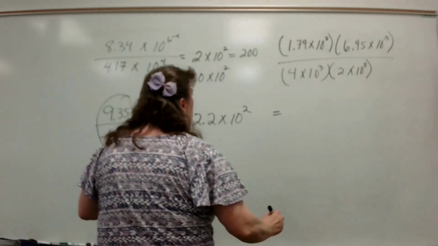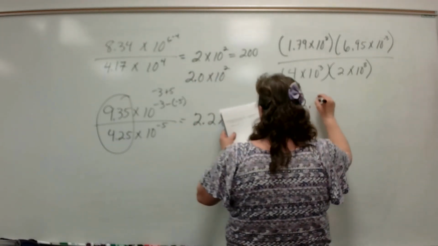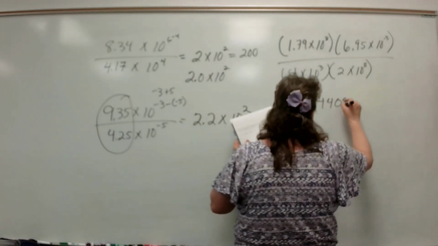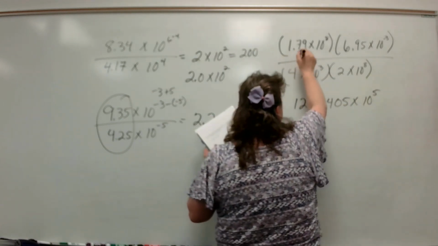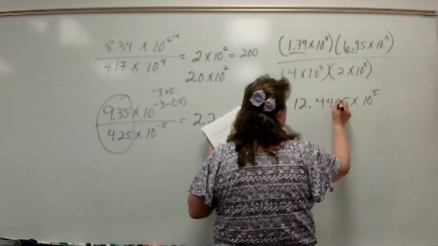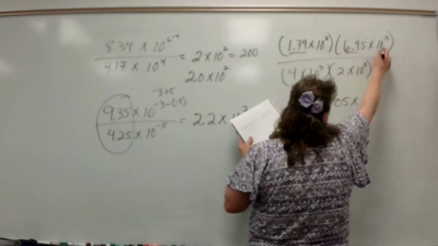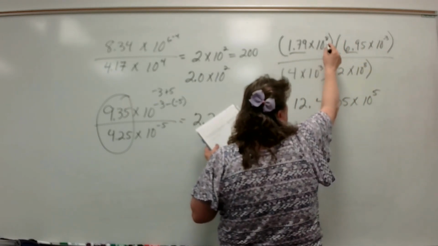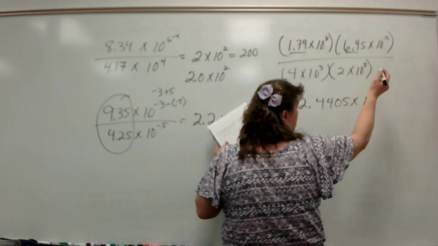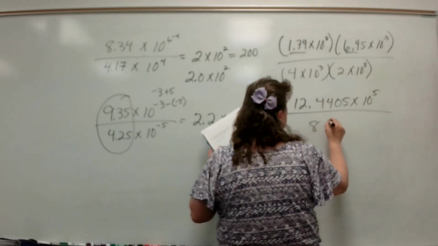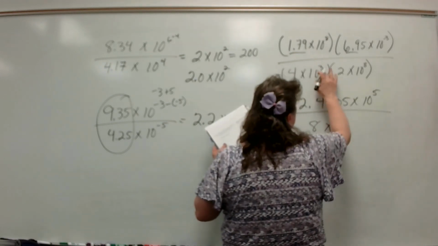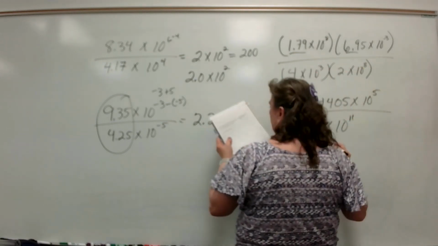So the top is 12.4405 times 10 to the 5th. Why? This times this is this number. 10 to the 8th times 10 to the negative 3. 8 plus a negative 3, or 8 minus 3, is 5. Over the bottom, 4 times 2 is 8. Times 10, 3 plus 8 is 11.